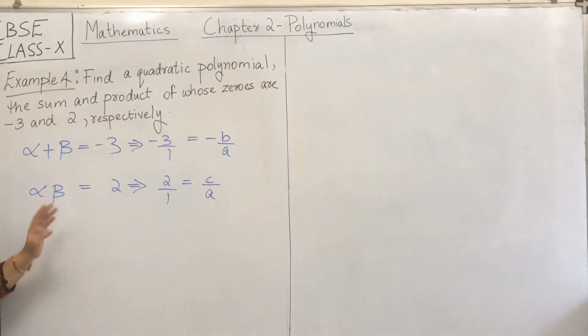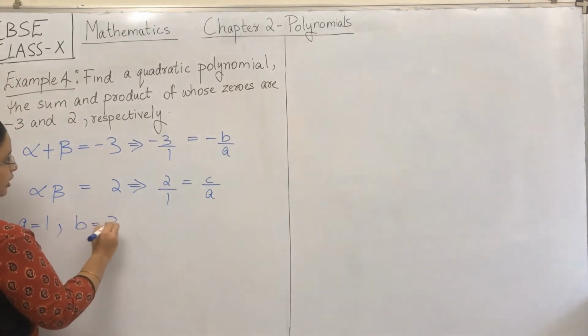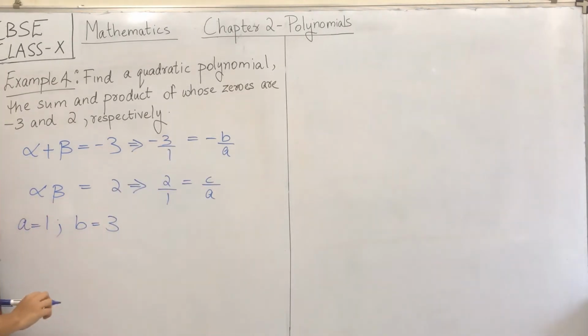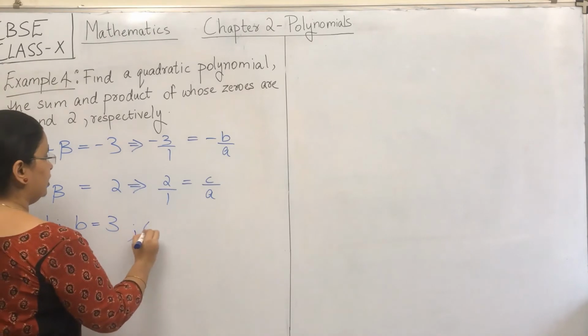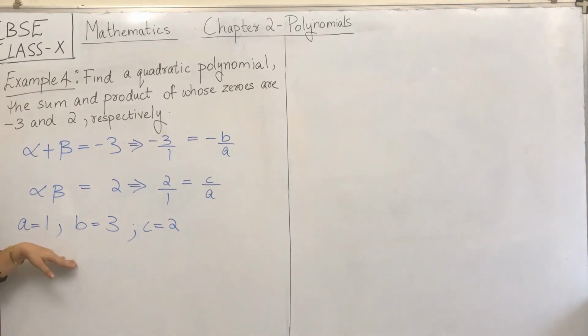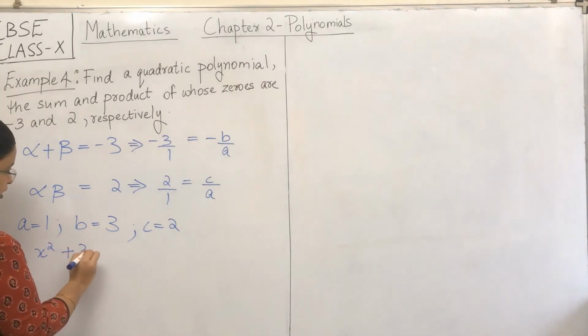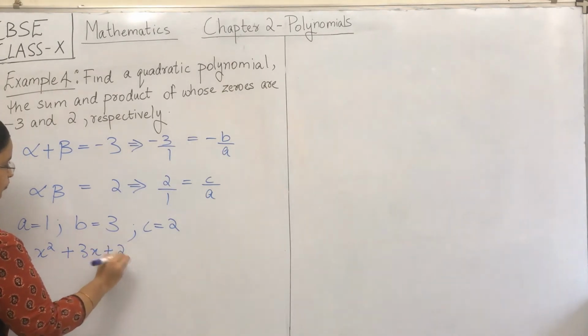Then we get a, b and c: a equals 1, b equals 3 since minus 3 equals minus b, and c equals 2. So we got a, b and c. So we can write the quadratic polynomial x square plus 3x plus 2.